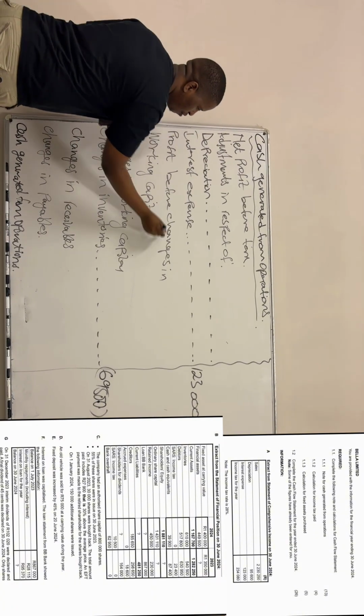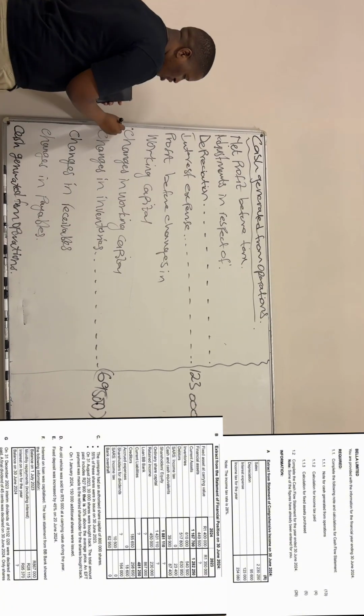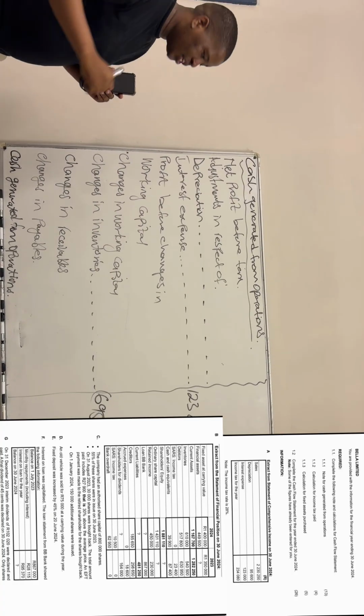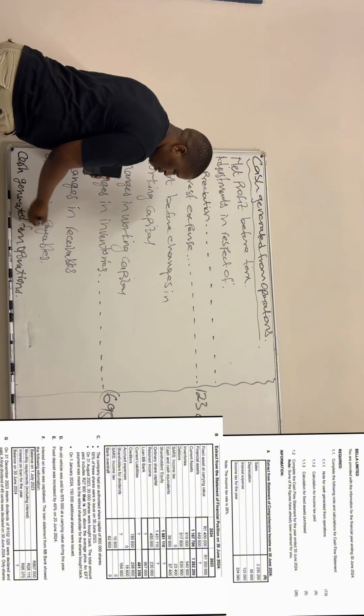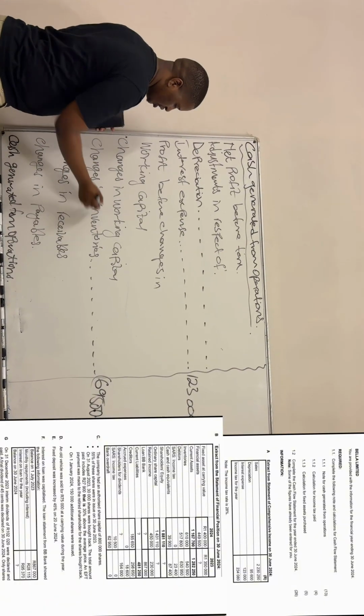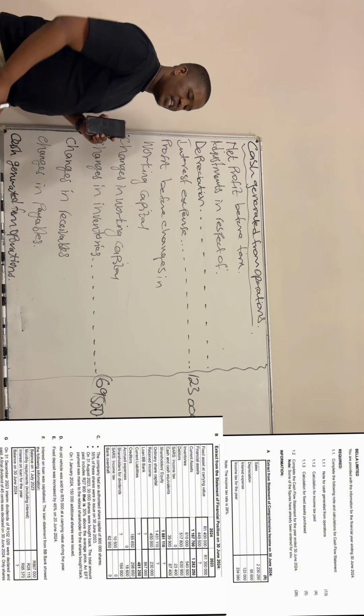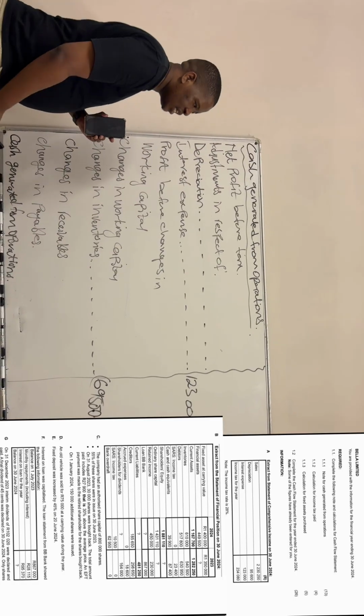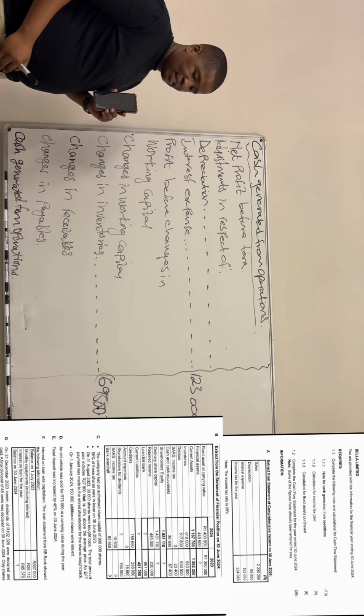Then we have your profit before changes in working capital. Then you have your changes in working capital. Under changes in working capital, you have three working capitals: your inventories, your receivables, as well as your payables. Changes in inventories, changes in receivables, and changes in payables. We want to know how these working capitals changed compared to last year.